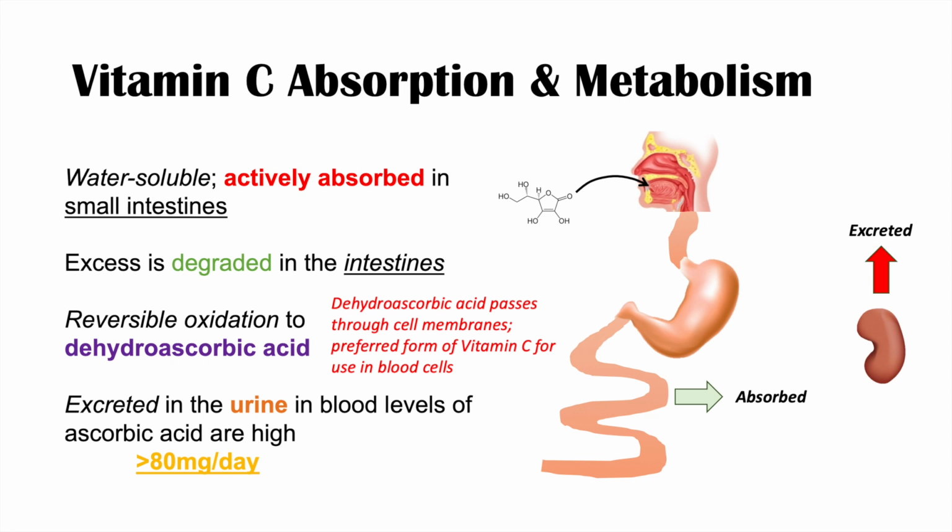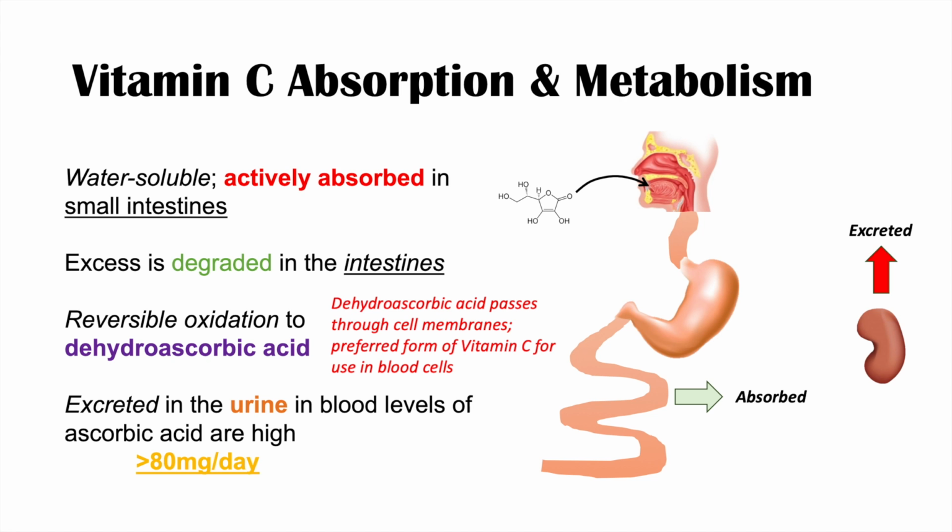So if you're taking a lot of vitamin C supplements, you are going to activate that process and simply excrete it in your urine, so you're really not using it at all. But again, we need a certain amount. So this is how we absorb, metabolize, and excrete it.